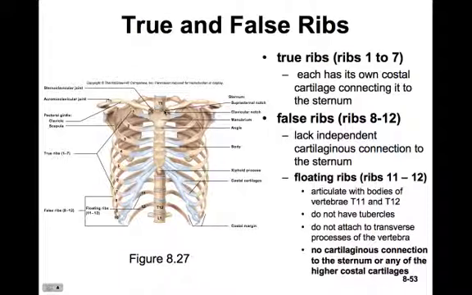Here's the clavicle, and this is the sternoclavicular joint where the clavicle meets with the manubrium in the clavicular notch, and then the end that articulates with the shoulder blade articulates with the acromion, which we'll learn when we look at the shoulder blade. So we have a sternal end and an acromial end.